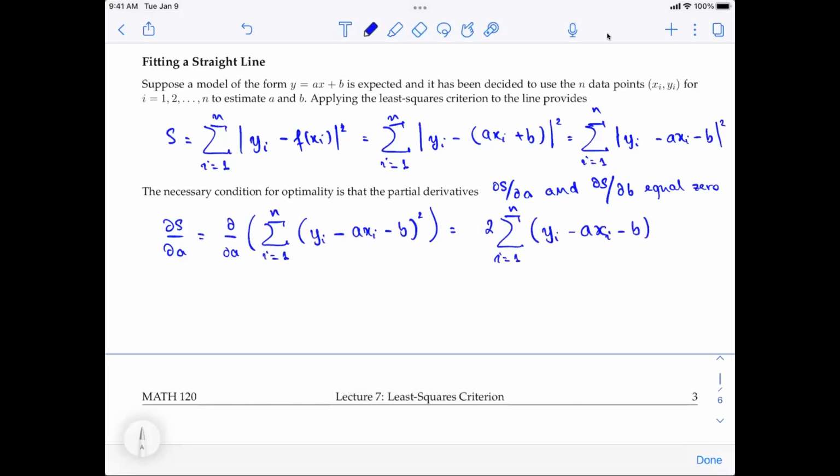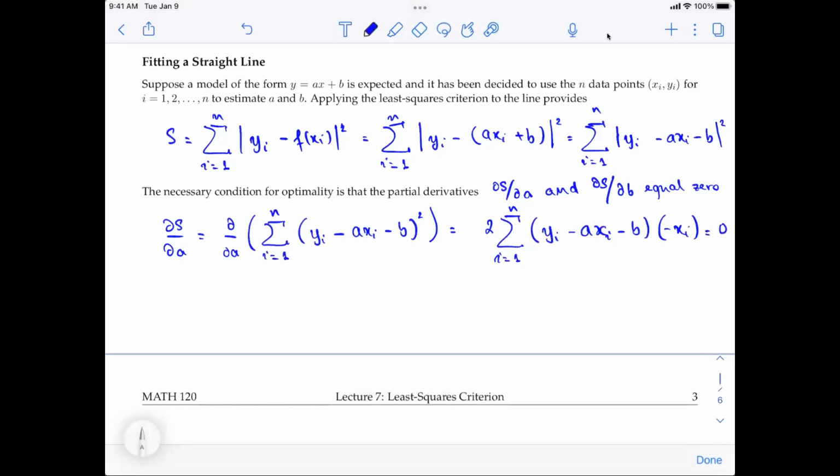And then you use the chain rule of derivative, and you take the derivative of the function with respect to a for the term inside the parentheses. This is a constant. This is a constant. So the derivative of this term is going to be negative x sub i. All right. And then you're going to set this equal to 0.